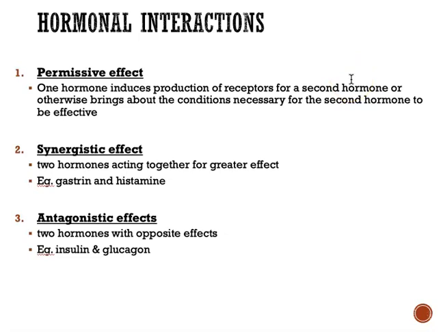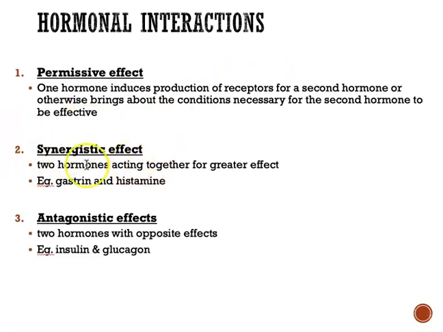The release of that one hormone will actually cause the insertion of receptors on the cell membrane for a second hormone. So if you didn't produce the first one, those receptors wouldn't be there. And so even though you might release that second hormone, if you didn't release the first one, the second hormone has no receptor to bind to, so then there is no effect. So this is known as a permissive effect. That very first one will permit the second one to bind and have an effect.